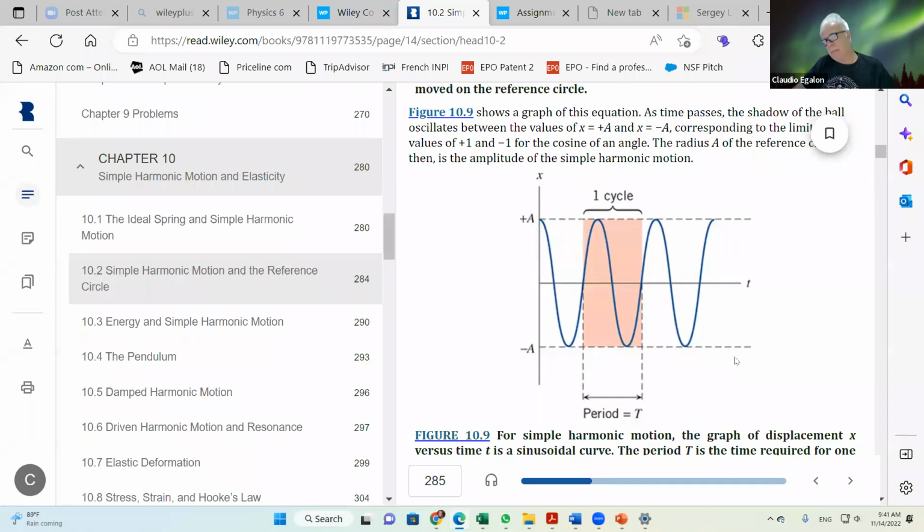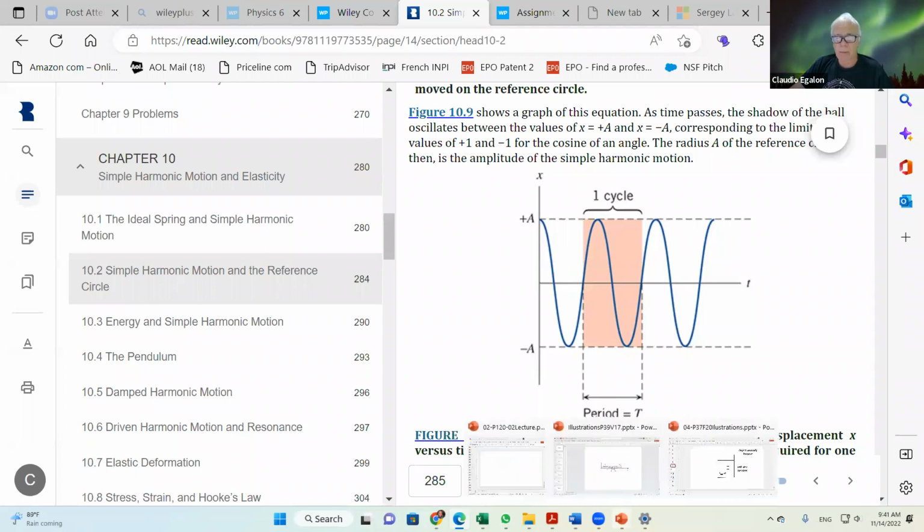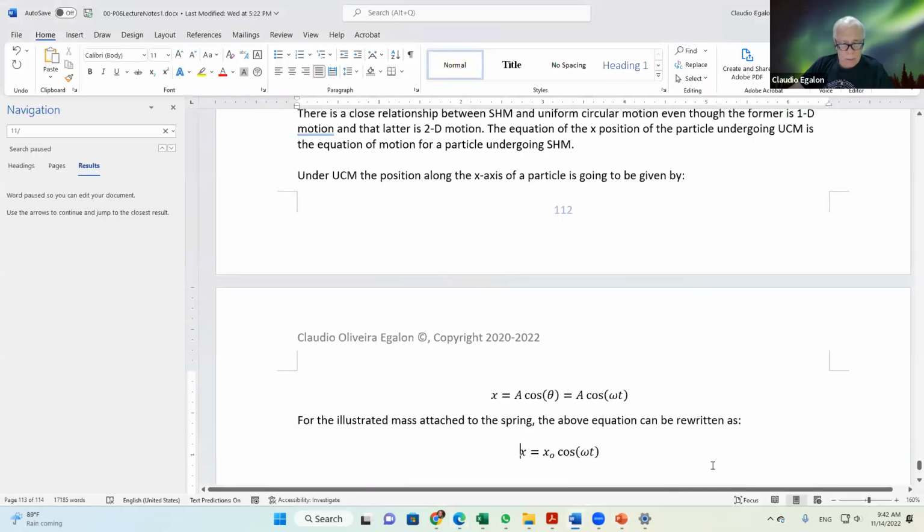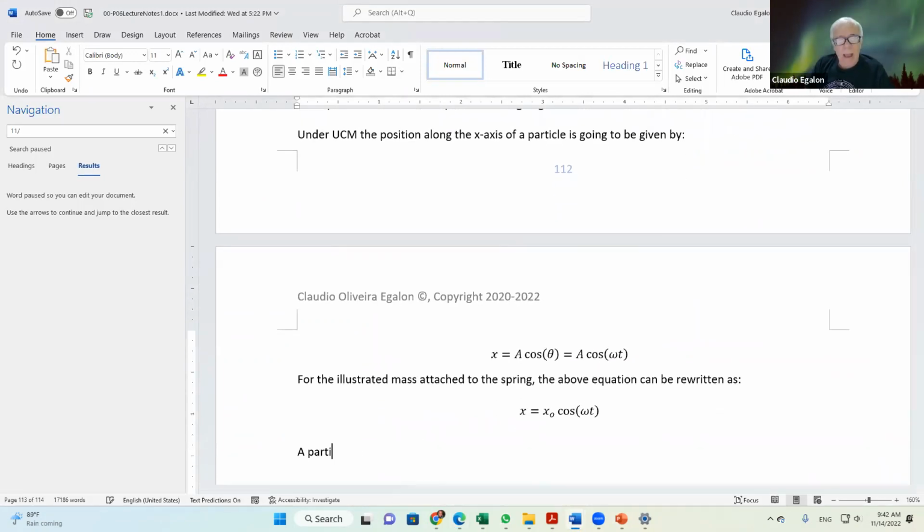Okay. The time between this zero amplitude and the next zero amplitude is going to be the period of oscillation of the particle. So here you go.